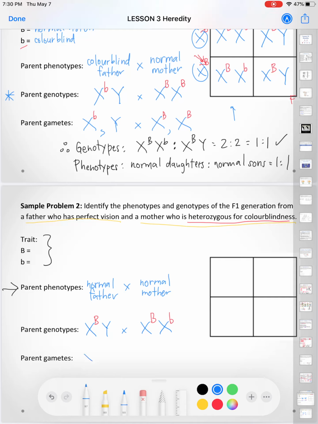Okay, so we go on and do our gametes. And you can use a comma, or you can write the word or. It doesn't really matter. Okay, so we're going to fill in our Punnett square here.